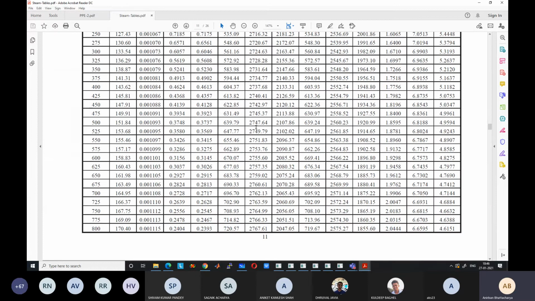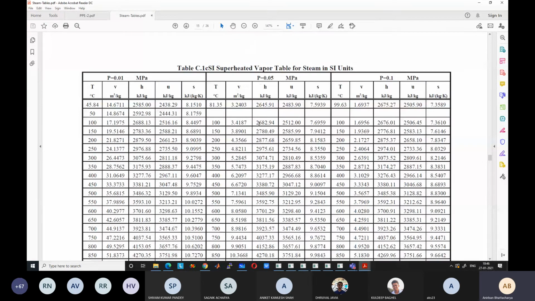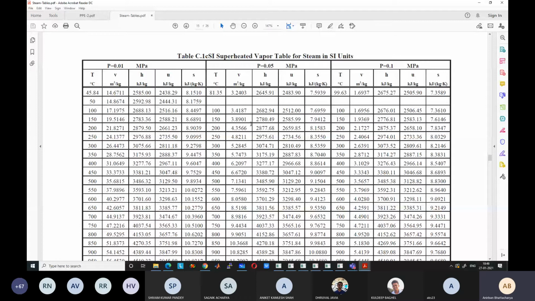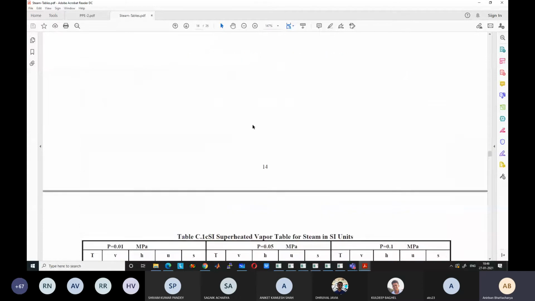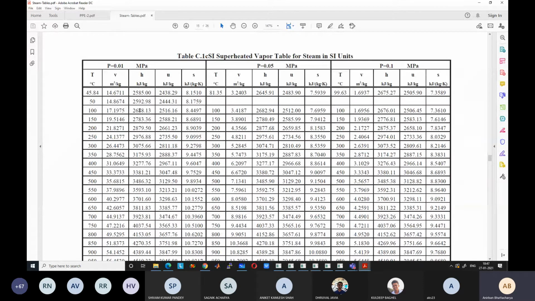So the superheated table is given in a different way. It is given in terms of pressure, and for each pressure different temperatures are given. Why? Because we know that temperature and pressure are independent. So for this pressure we can have different temperature values, and for each temperature value our properties will be different: enthalpy, specific volume, entropy.